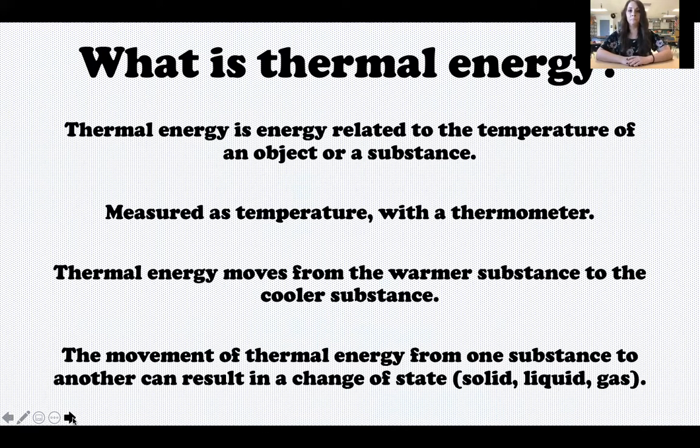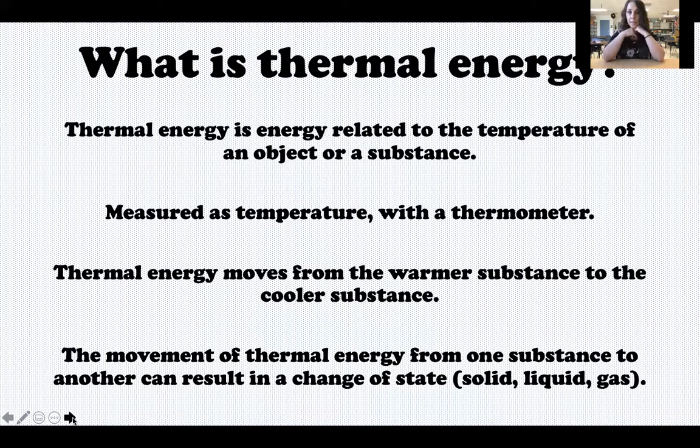So keep in mind that I said thermal energy is related to the temperature of an object or a substance. So hopefully you remember from second and third grade, when we learned about temperature and how thermometers work, I told you that the way a thermometer works is because that red liquid that's inside of it, when it gets heated up, the molecules inside start moving faster and faster and faster, and it causes that red line to go up.